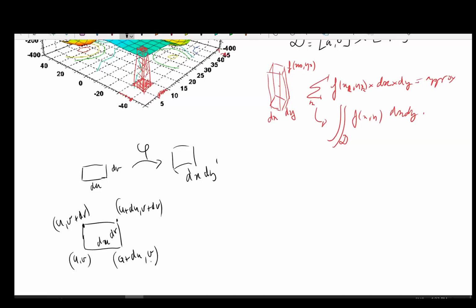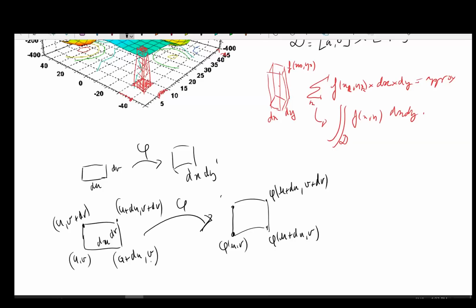Now if we apply phi to that, let's take at least the images of our four corners. That corner is going to have phi of u, v. That corner is going to have phi of u plus du, v as coordinates, and so on: phi of u plus du, v plus dv, and phi of u, v plus dv.